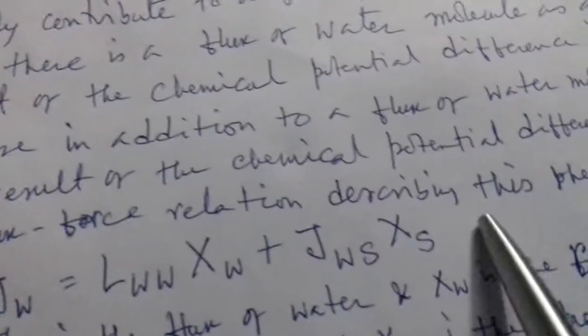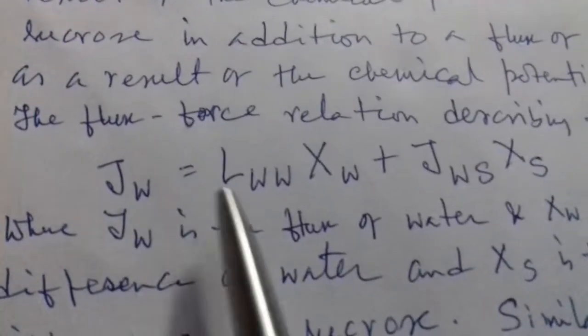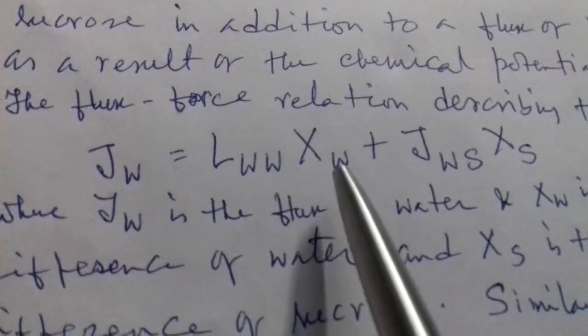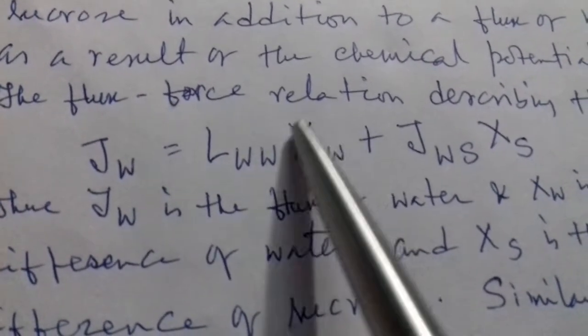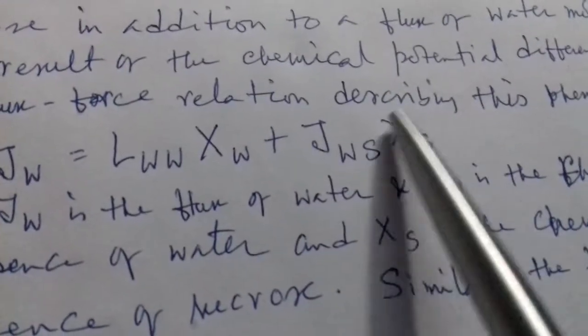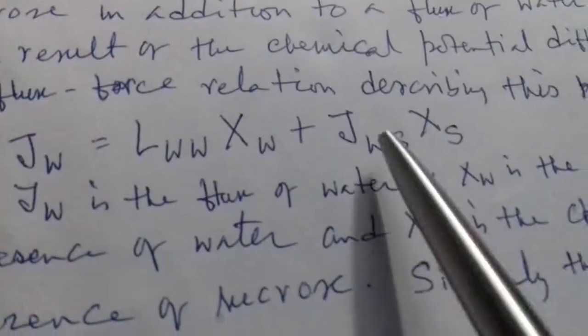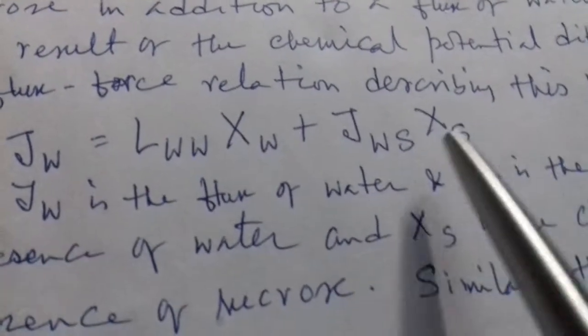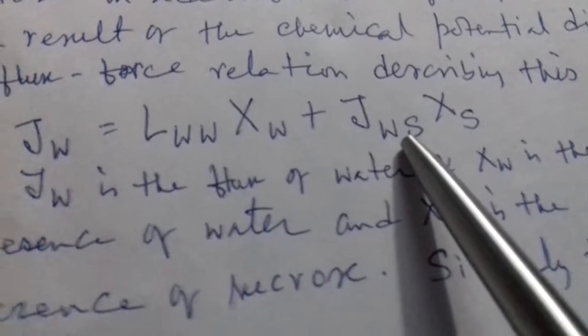The flux force relation describing this phenomenon is that the flux of water JW equals LWW into XW, that is the force of water, the chemical potential difference of water. And since sucrose is partially hydrated, it also takes water, so the force of sucrose will also contribute to the flux of water, and this is connected by the off diagonal phenomenological coefficient.